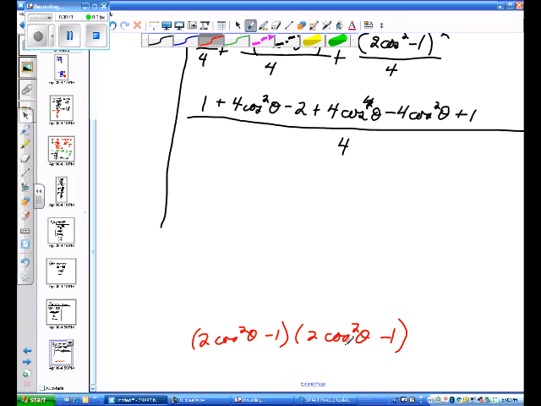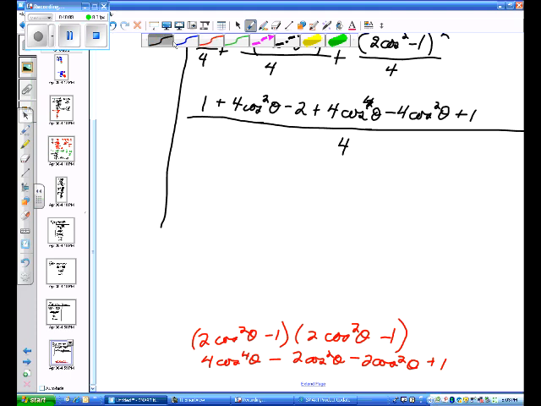Well, 2 cosine squared times 2 cosine squared would be 4 cosine to the 4th theta minus 2 cosine squared theta minus 2 cosine squared theta plus 1. And so we would end up with 4 cosine to the fourth theta minus 4 cosine squared plus 1.